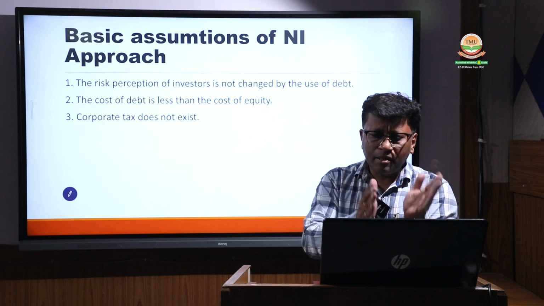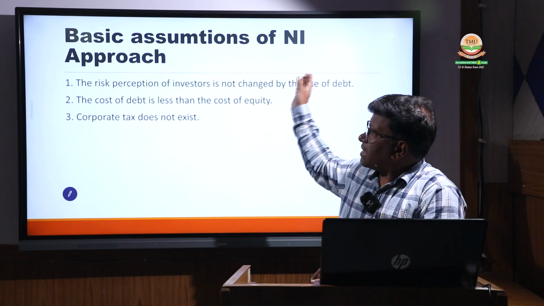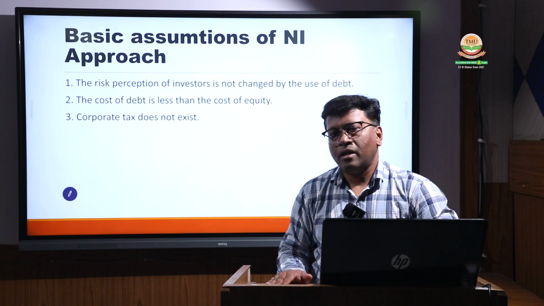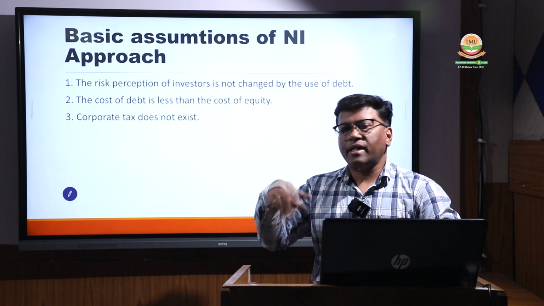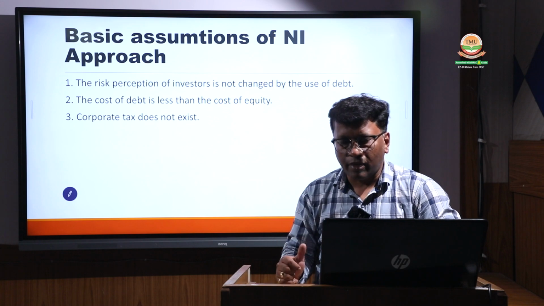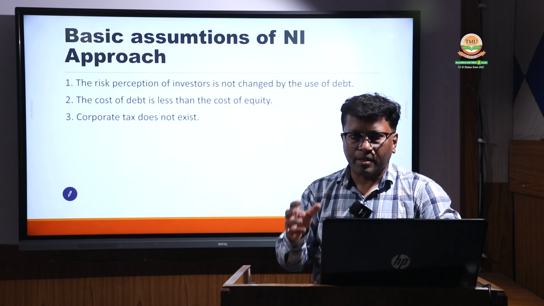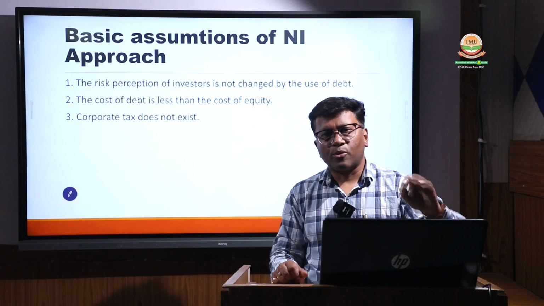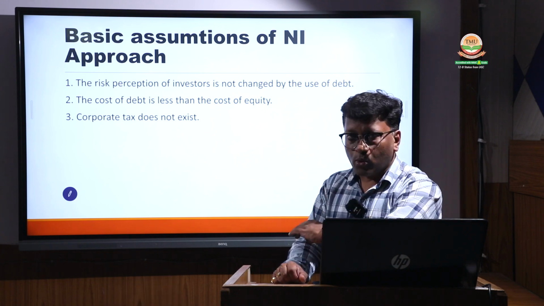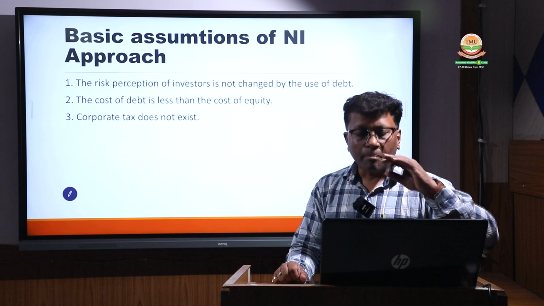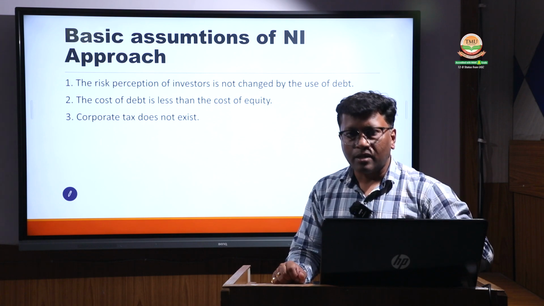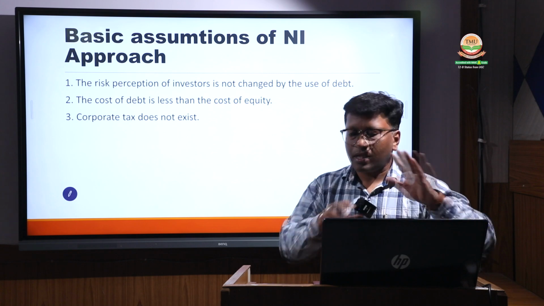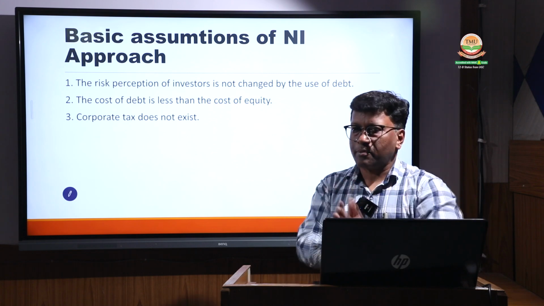But there is a particular assumption under this NI approach: the risk perception of the investor is not changed by the use of debt. If you are changing the ratio of debt capital and equity capital, under this net income approach there is no change in the perception of the investor.